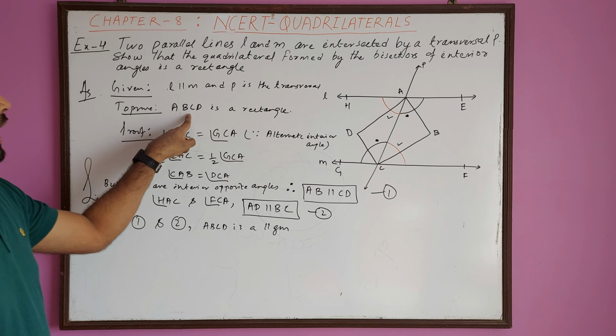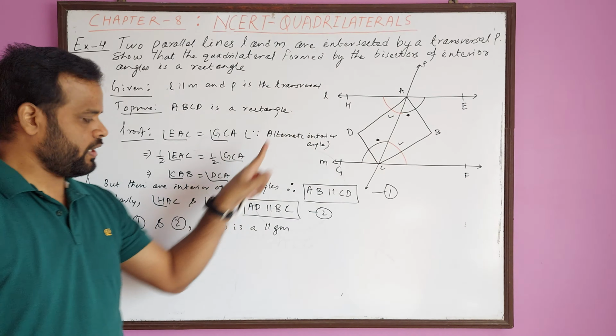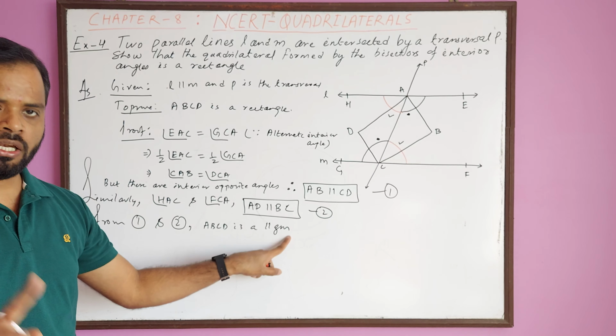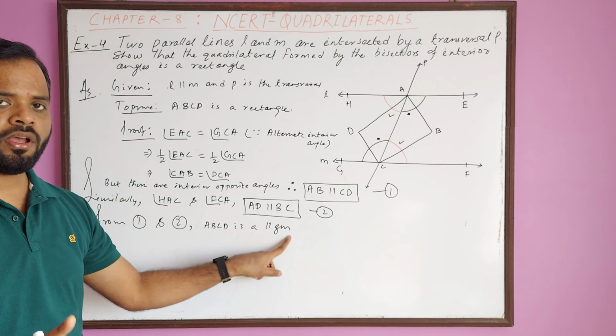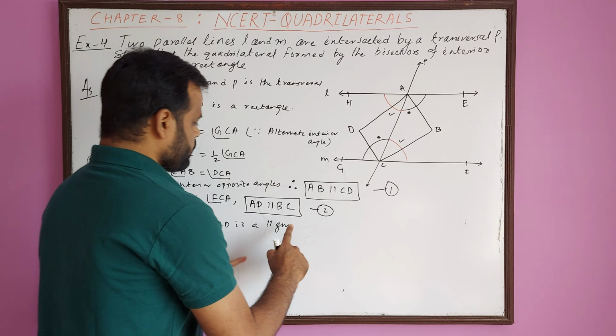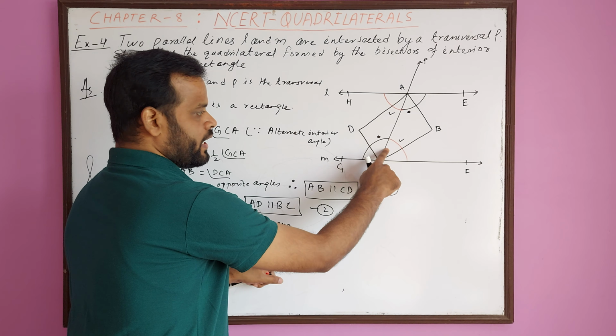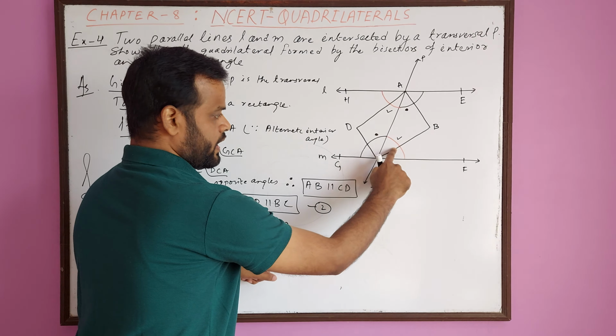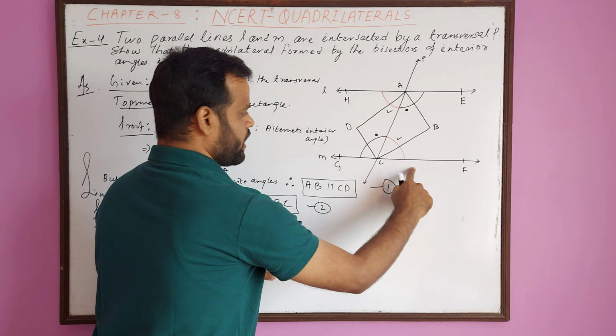Now we have to prove that ABCD is a rectangle. We have reached that ABCD is a parallelogram, and we know that any parallelogram whose one angle is 90 degrees is a rectangle. To prove one angle is 90 degrees, we need to take two adjacent angles. Here it is a straight line.